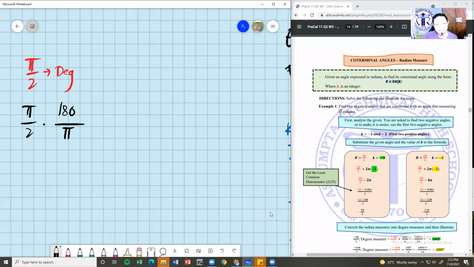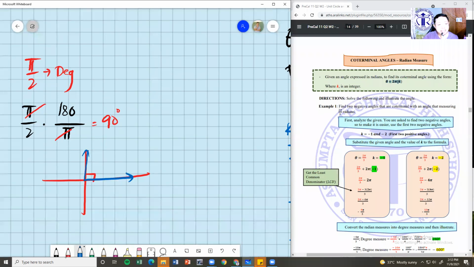Oh, that's my technique naman. If I want to change my radian to degree, kailan ko kontra yung position ng pi. Kung nasa taas siya, so therefore, nasa ibaba yung pi na yung multiply ko. So that's 1 over 180 over pi. That's it. So therefore, this is 90 degrees. So kapag dinrawing ko siya, this is my angle.